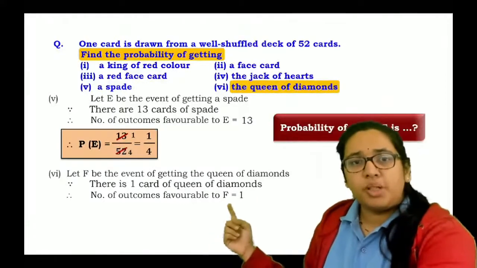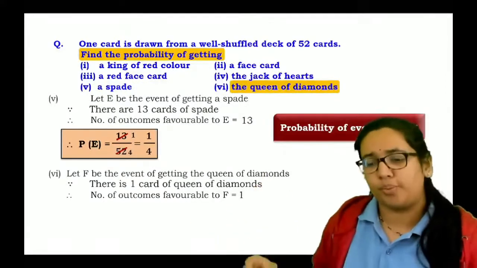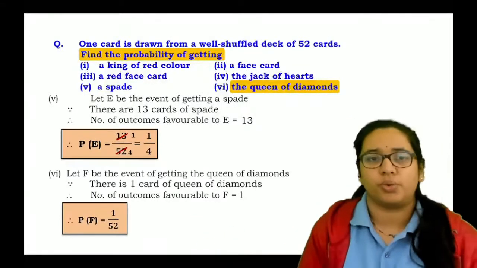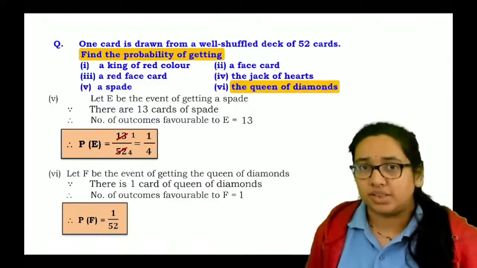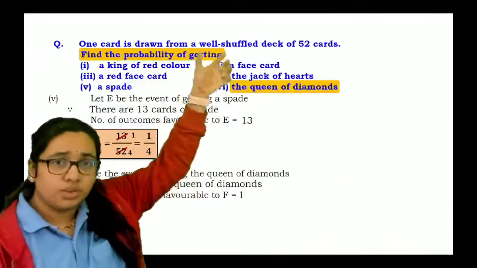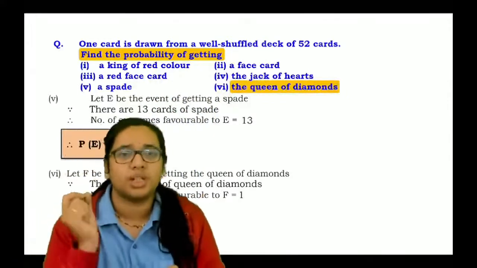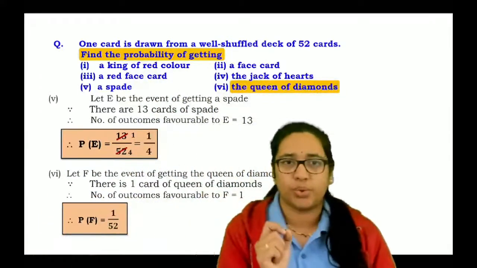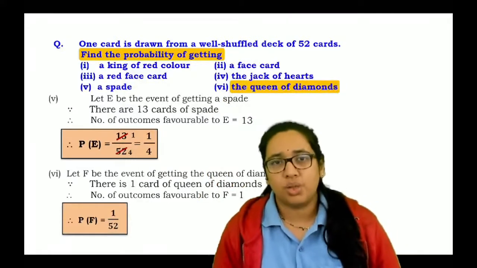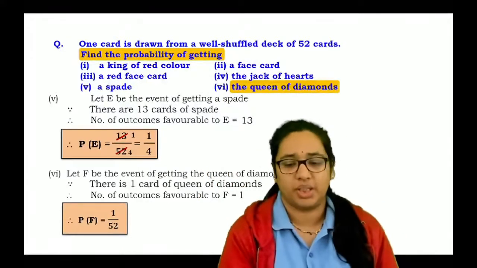As favorable outcomes is equal to 1, the probability is nothing but 1 upon 52. This will be the answer. As I told you, if you go through the whole question properly, you can solve every type of question based on a well shuffled deck, whether you are considering 2 cards or 1 card.